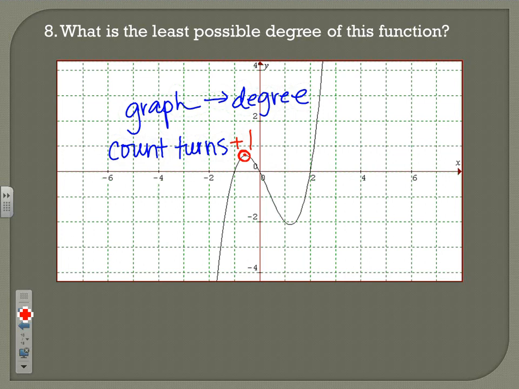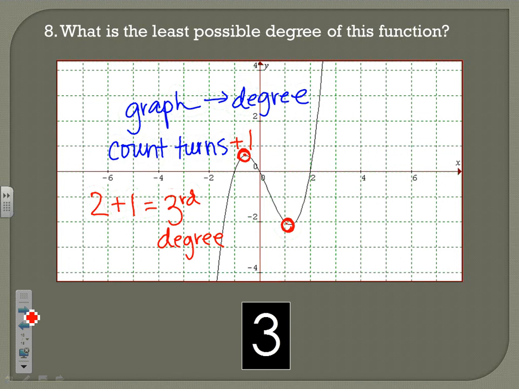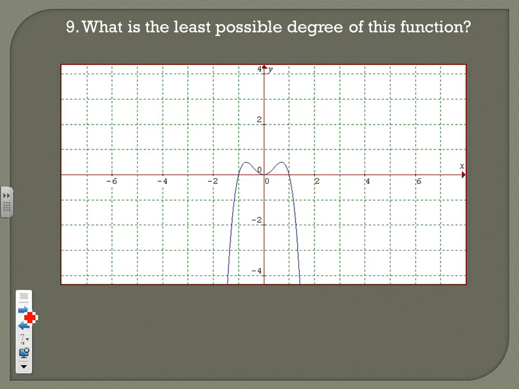It starts to change direction. There's 1 turn. Then it's going along. It hits the bottom down here. There's your 2nd turn. This one has 2 turns on that graph. So 2 plus 1 gives me 3rd degree, which means you've got a cubic polynomial. 3rd degree.